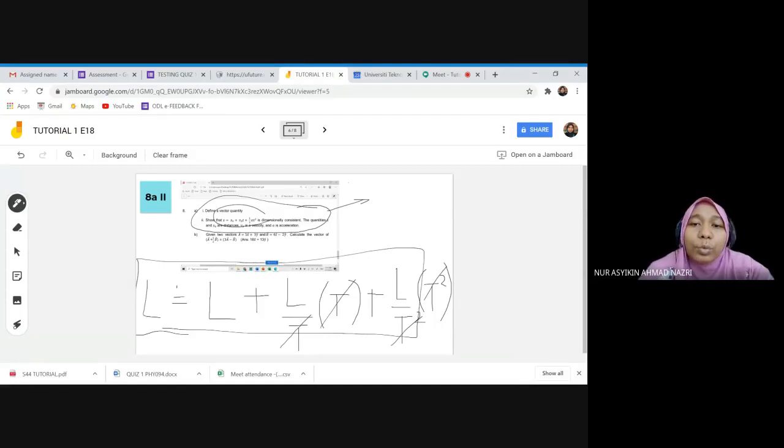Don't need to give this kind of answer. Okay, so tolong jangan pluskan dia, sebab yang ni kita tak masuk dalam dimensional analysis kita. Kita cuma nak tengok komponen yang ni akan tambah dengan komponen yang ni, akan tambah dengan komponen yang ni.